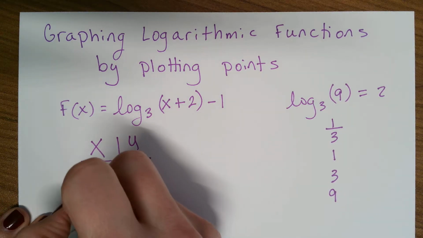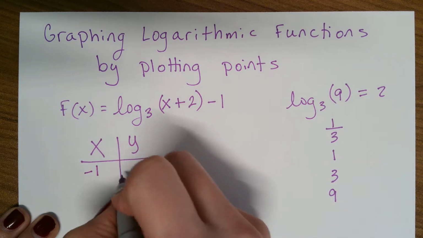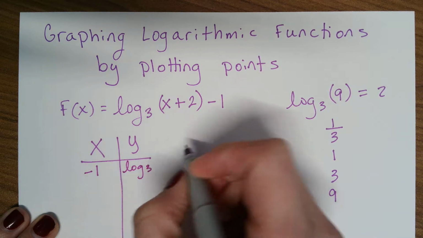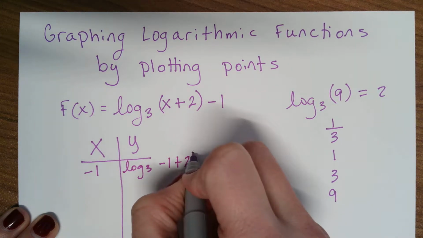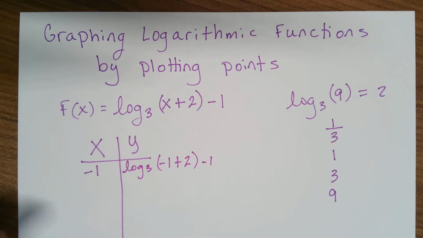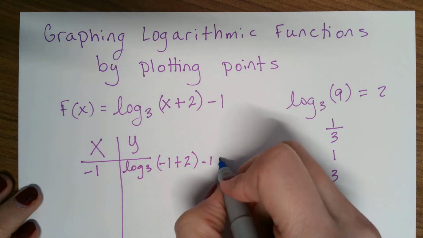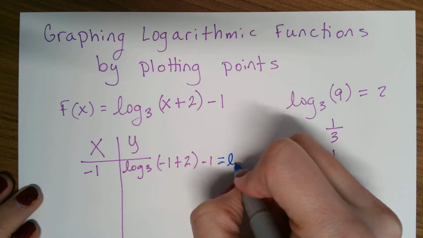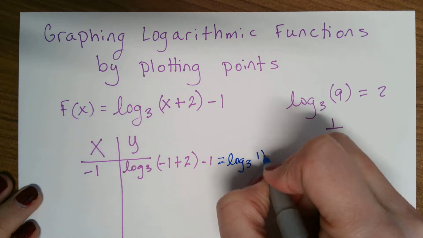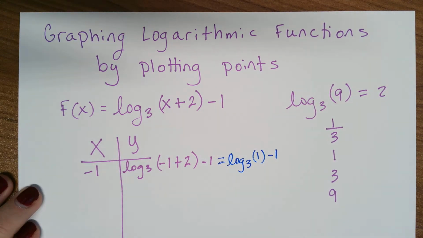So if I plug in -1, then I'll get log base 3 of -1 plus 2, minus 1. -1 plus 2 is +1, so this would give me log base 3 of 1, minus 1.